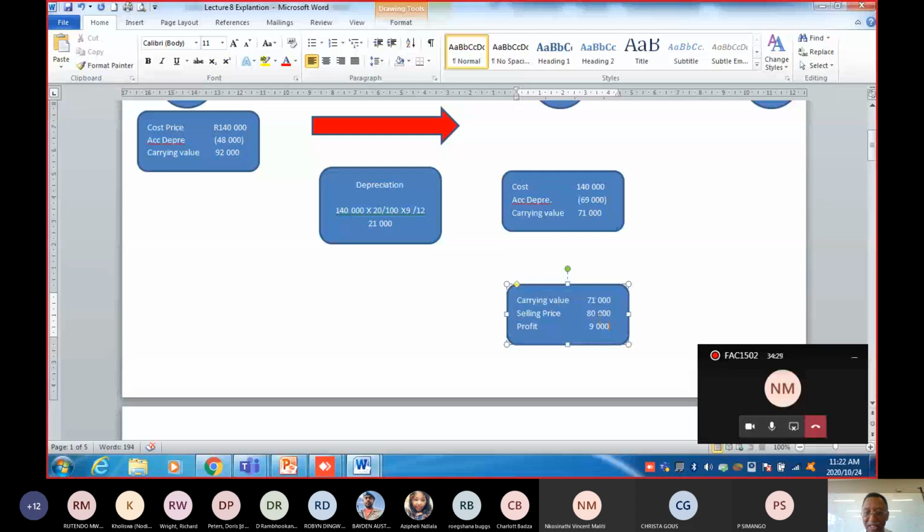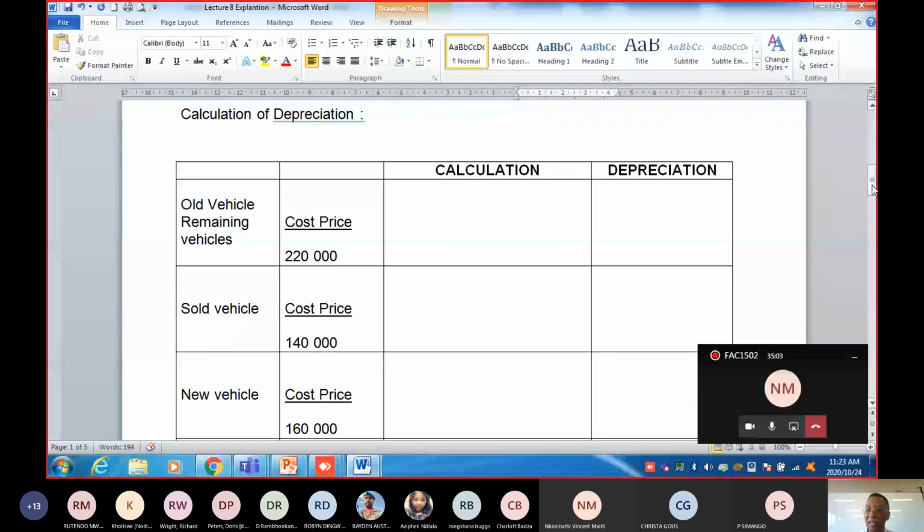The selling price is 80,000 Rand. And because we are selling it for more than the carrying value, there is a profit of 9,000. In your calculations, if you have sold it for less than the carrying value, then you must, of course, account for the loss on the sale of the asset. But in this example, students, we are making a profit on the sale of the vehicle.